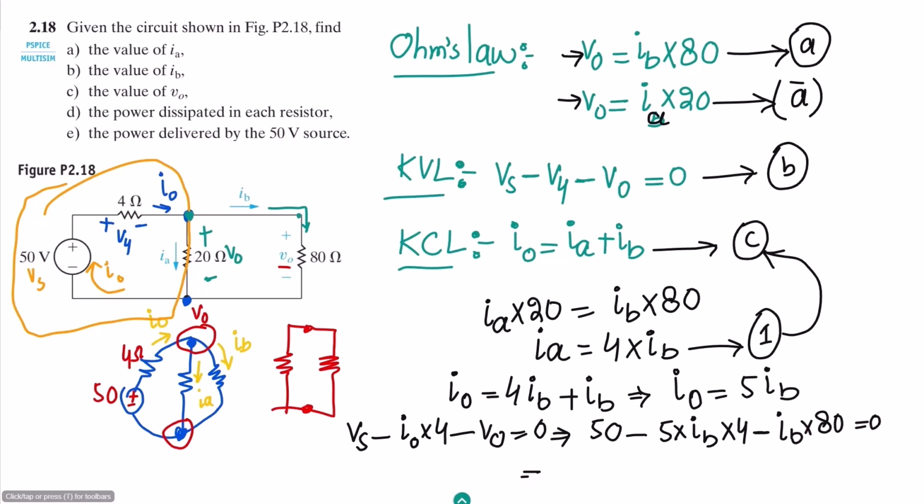Let me simplify it, taking it to the other side. It will be 50 is equal to 20 IB plus 80 IB. From it we can clearly see that the value of IB will be equal to 50 divided by 100, which is 0.5 amperes.